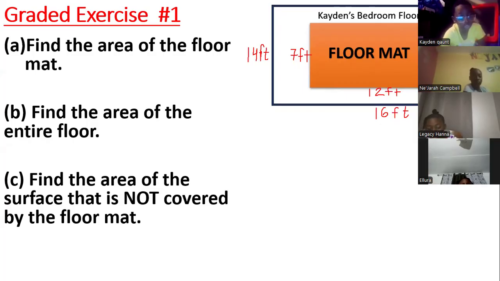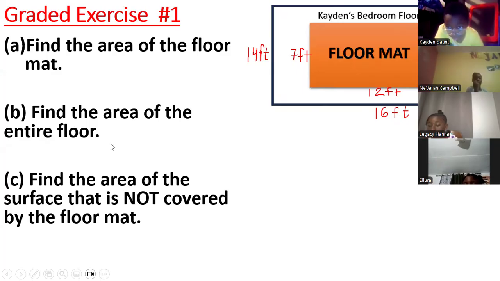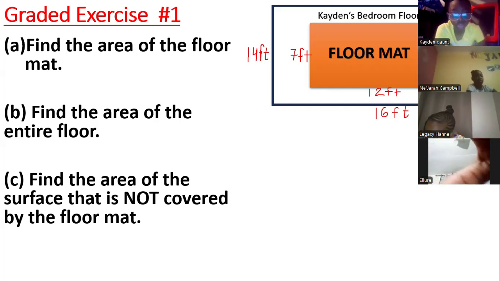And then, to find the area of the surface that is not covered by the floor mat, we have to subtract our answer from A and B. All right? Does that make sense? Yes, sir. Good. Quickly do that for me, please.